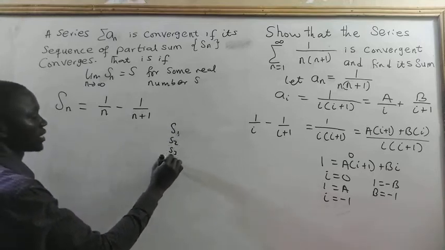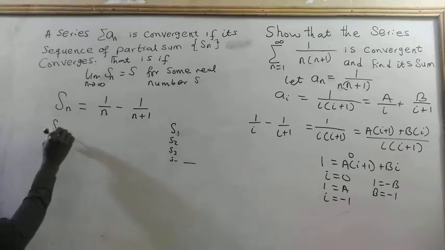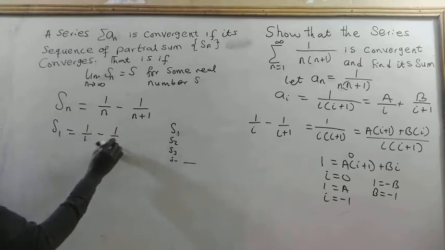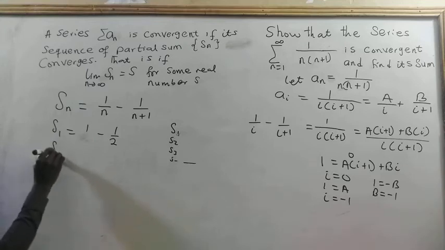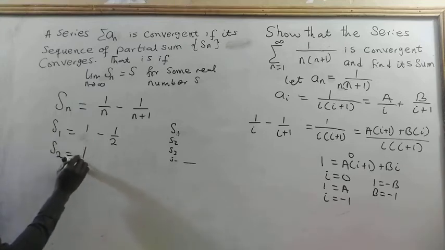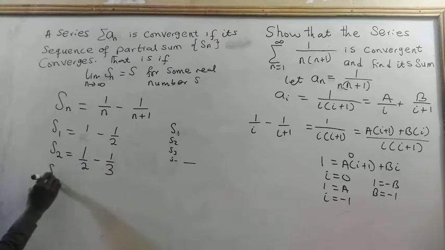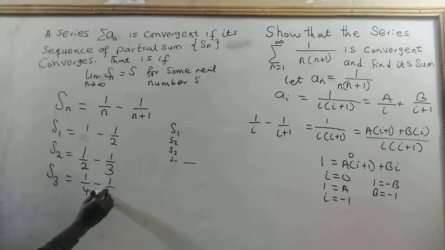Now let's find S1, S2, S3, and so on. If we take S1, we have 1 divided by 1 minus 1 divided by 2, which is the same as 1 minus 1 on 2. If we take S2, we have 1 on 2 minus 1 on 3. If we take S3, we have 1 on 3 minus 1 on 4.